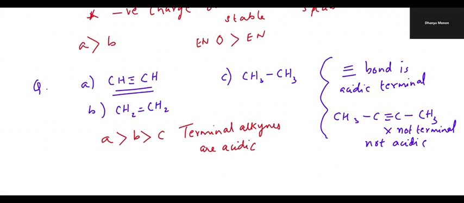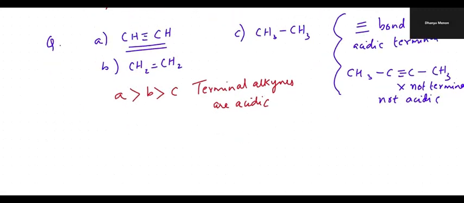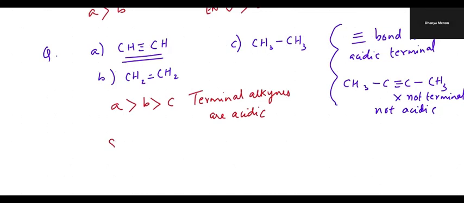Now, the reason for this is when there is a triple bond, it is sp hybridization. When it is a double bond, it is sp2 hybridization. And when it is a single bond, it is sp3 hybridization.